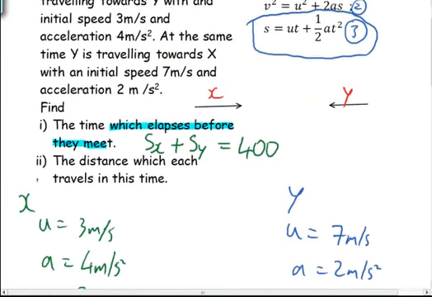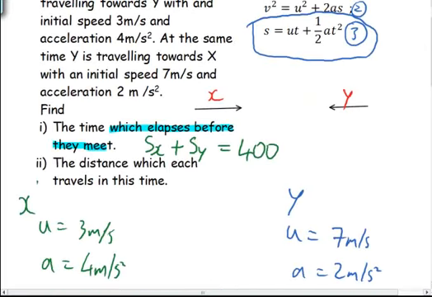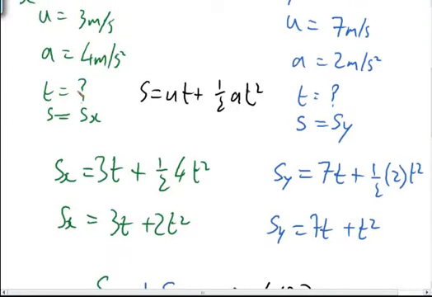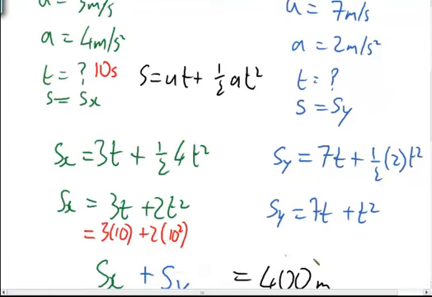So now that we have the time equal to 10 seconds, the distance which each of them travels in that time, well, we've got these two equations. I might just fill them in red here. I know that time is 10 seconds, so we want to know the distance it travels in 10 seconds, so just fill in 10 for the time. 3 times 10 plus 2 times 10 squared, so x is going to travel 30 plus 200.